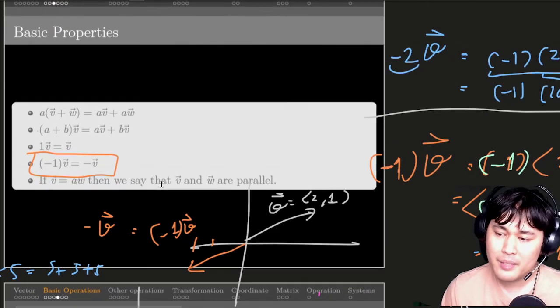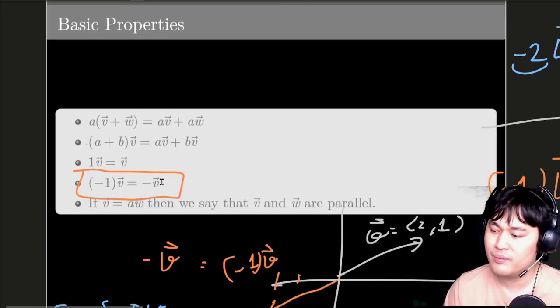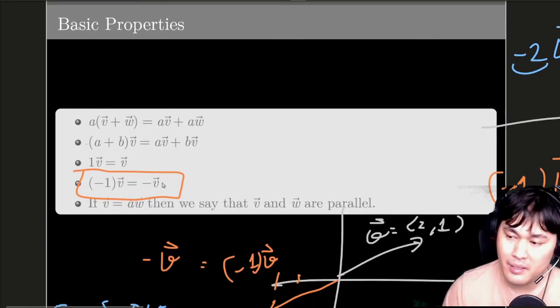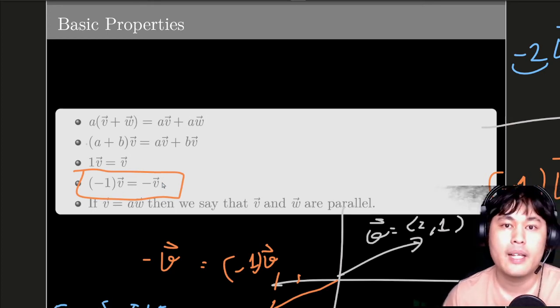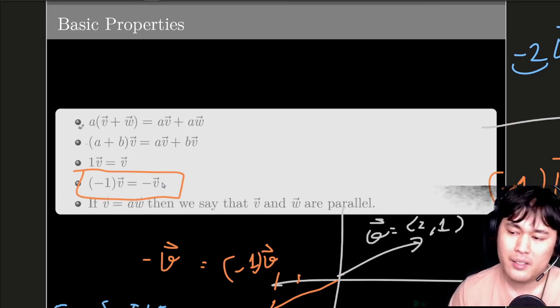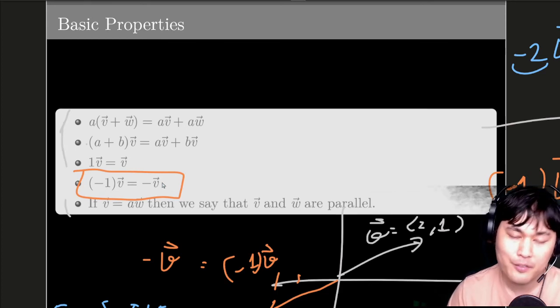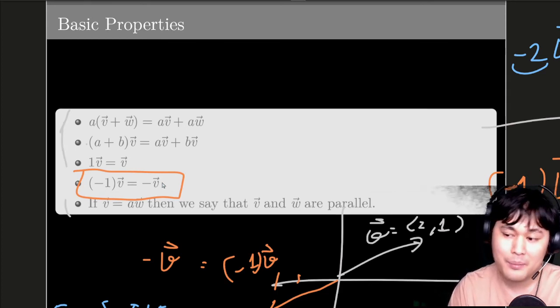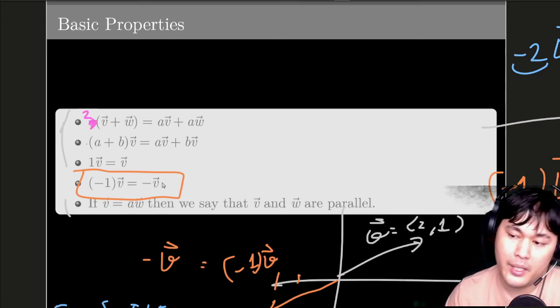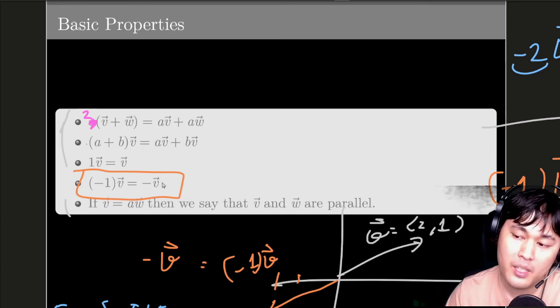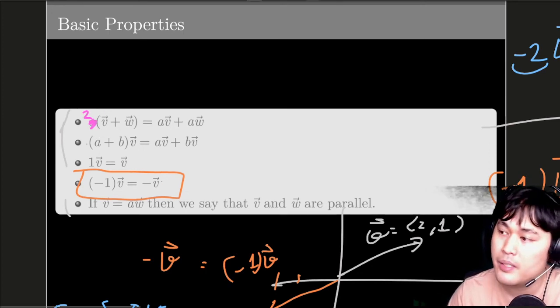And we have some basic properties. You don't have to memorize them. But if you understand what vectors are, how you subtract, how you add, and how you multiply by a scalar, then these properties come out naturally. For instance, let's make the scalar 2.